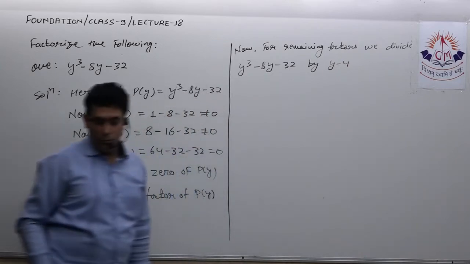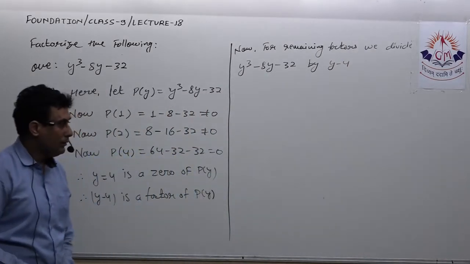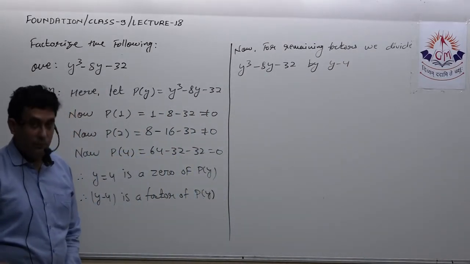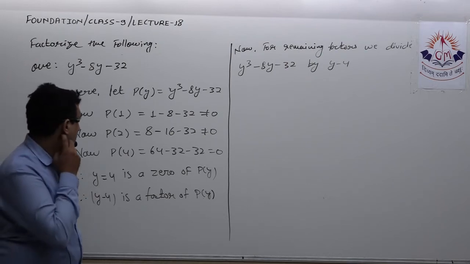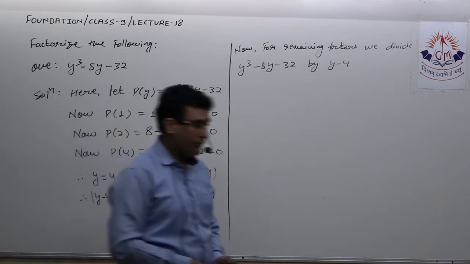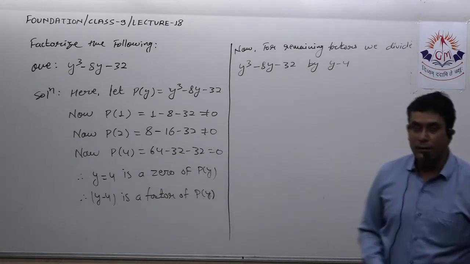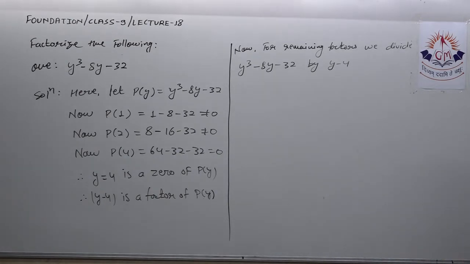So I hope you know this division. So divide it, and then we will see that division and how to find the remaining factors. So first of all, divide and get the quotient.